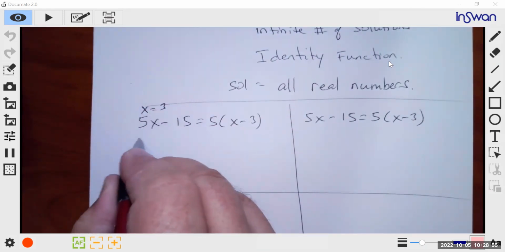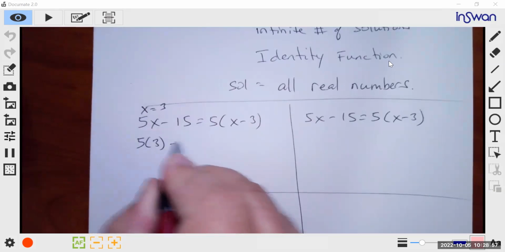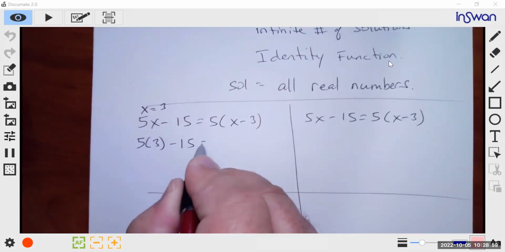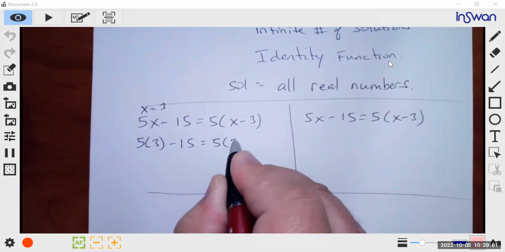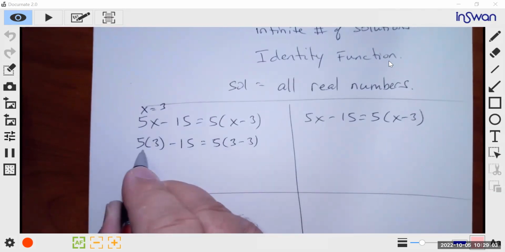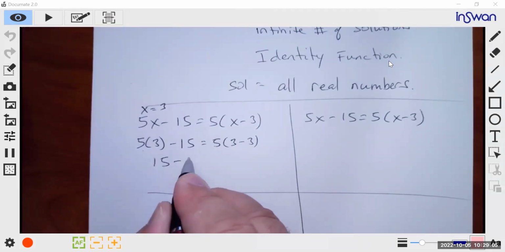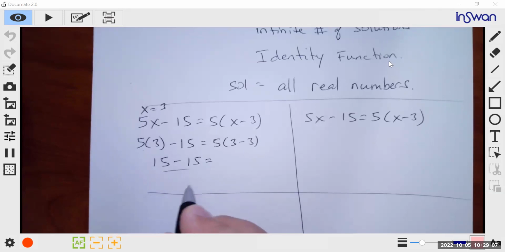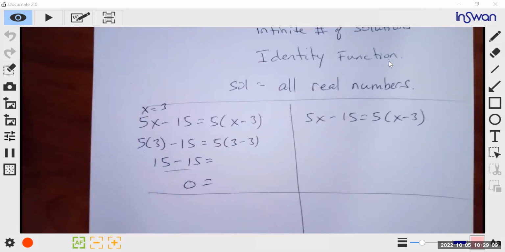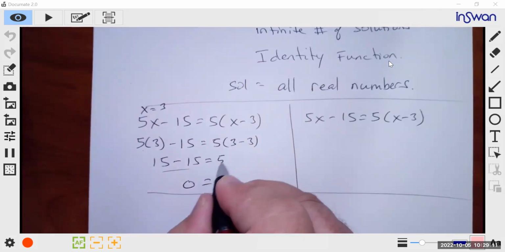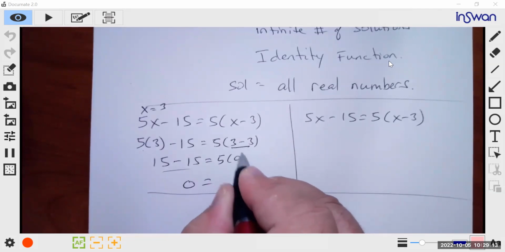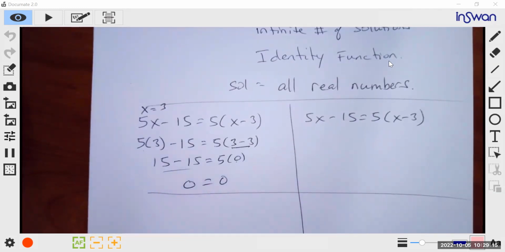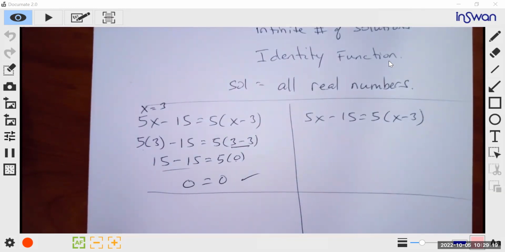So we have 5 times 3 minus 15, 3 minus 3. 5 times 3 is 15. 15 minus 15 is 0. 3 minus 3 is 0. 5 times 0 is 0. So that's true.